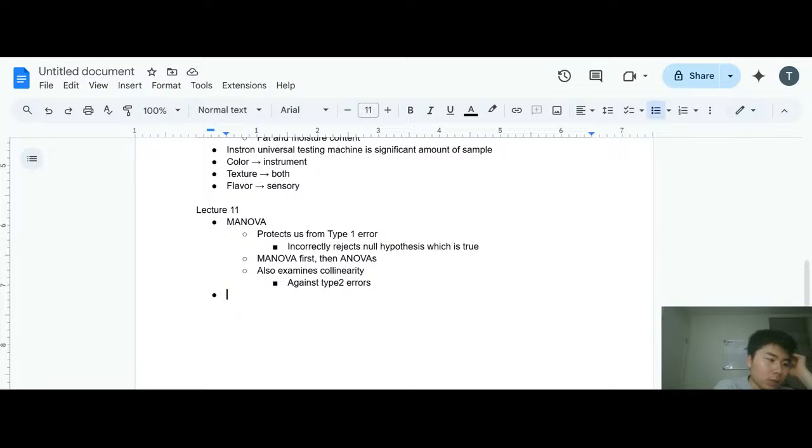Correlation and covariance, it's obvious.